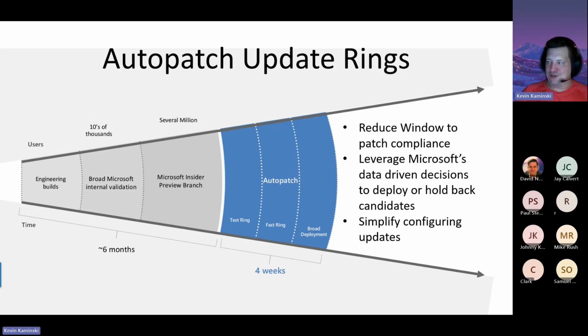The thing that you really want to realize with this is, there's a perceived value in pulling the trigger with every little patch. And what Microsoft is really saying here is that's not where the value is.